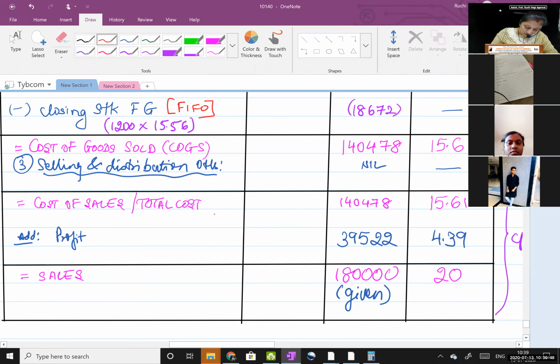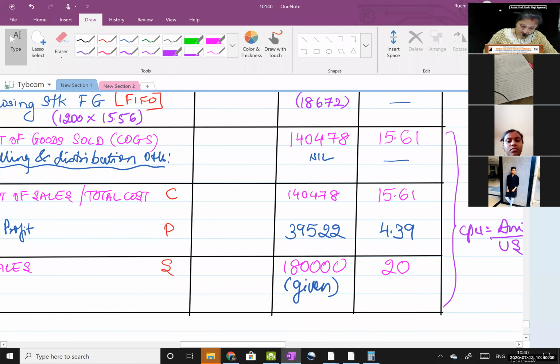Total cost means cost price plus profit equals sales. Are you understanding whatever I'm saying? Can you relate the objective in the chapter now? Acknowledge it in the chat box. Okay, clear everyone?